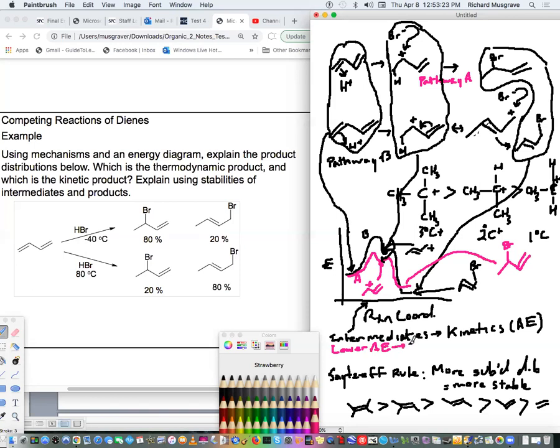This is the kinetic pathway. So kinetics are determined by the activation energies. So lower activation energy, the kinetic pathway, which is pathway A.